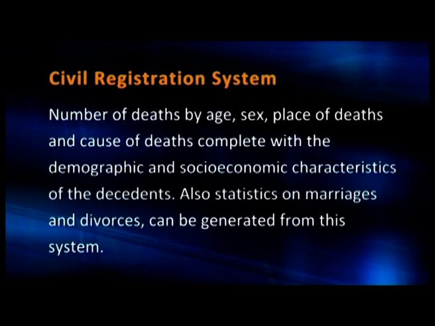Number of deaths by age, sex, place of deaths, and cause of deaths, complete with the demographic and socio-economic characteristics of the descendants. Also, statistics on marriages and divorces can be generated from this system.